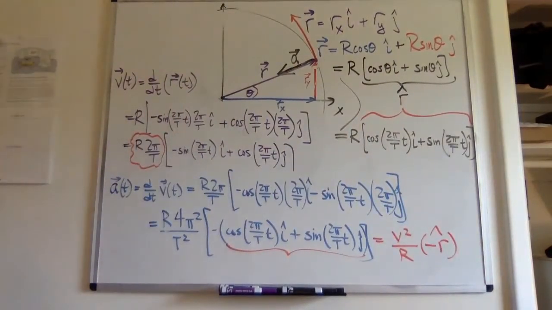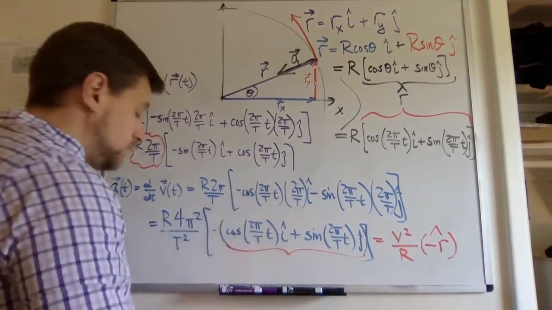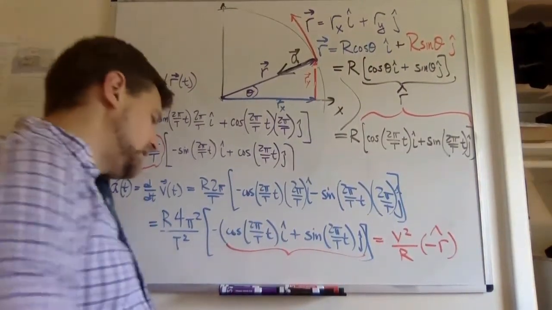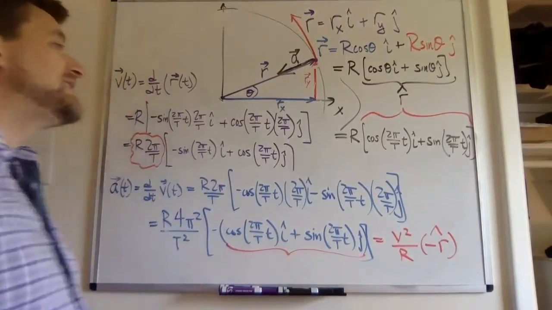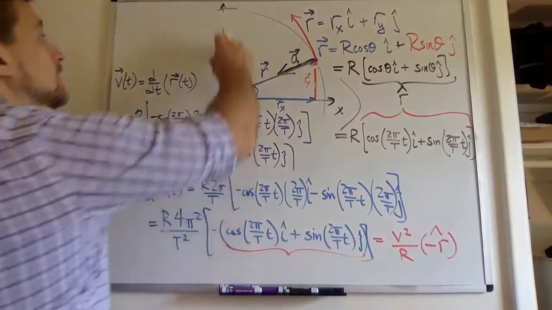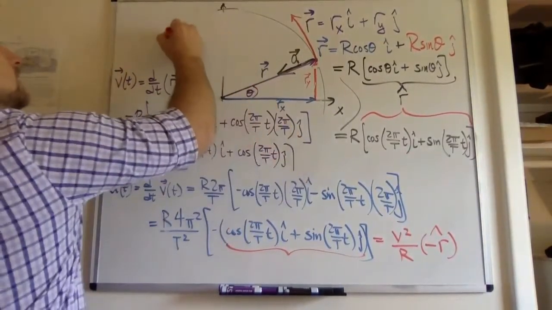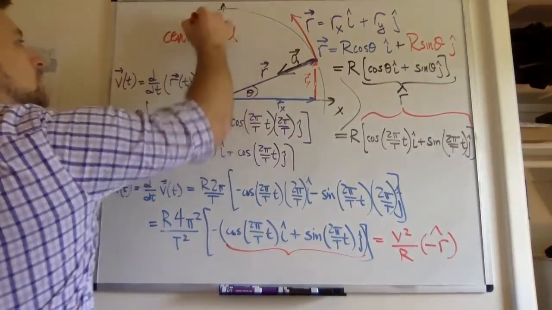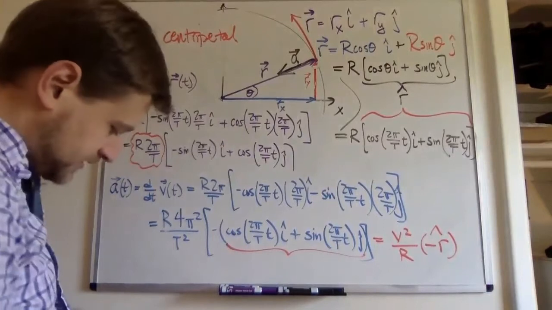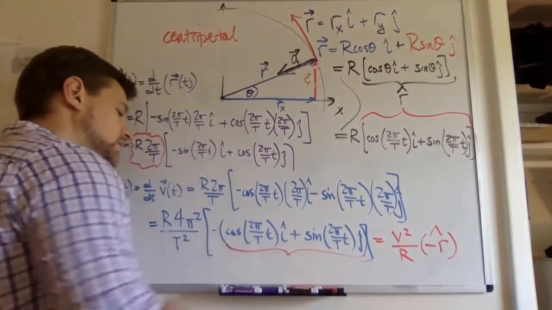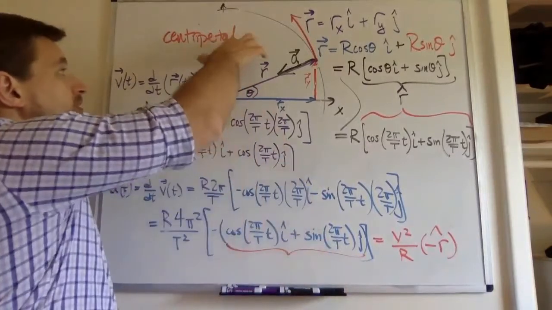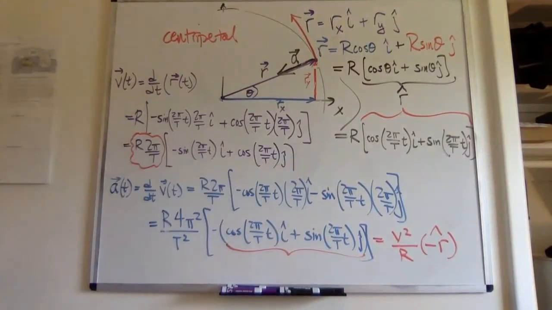Opposite the radially outward direction, radially inward. There's the word we use for that, seeking the center. We write it in Greek, centripetal. The radially inward acceleration is the centripetal acceleration.